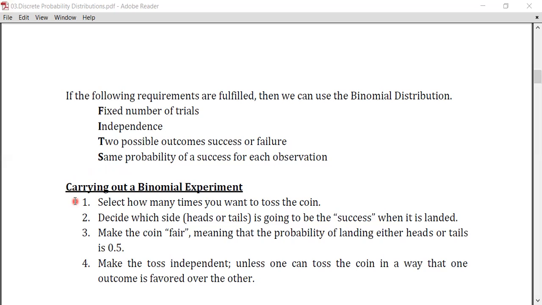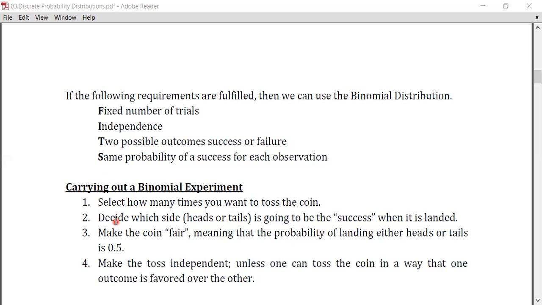Number one, select how many times you want to toss the coin. Here I have taken the example of tossing a coin, and we will see how we can carry out this binomial experiment. First of all, you have to define how many times you need to toss this coin, and then you have to decide what should be the success. It means that once you toss the coin, you may get head or tail when it has landed.